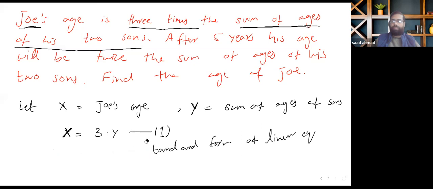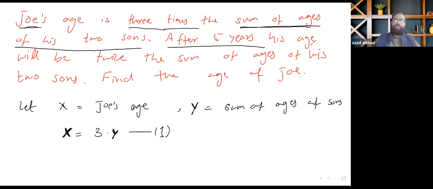We also know it's linear because the exponents on x and y are 1. If the exponents on all the variables are 1, then it's a linear equation. Now the second part: after 5 years, his age will be twice the sum of the ages of his sons.